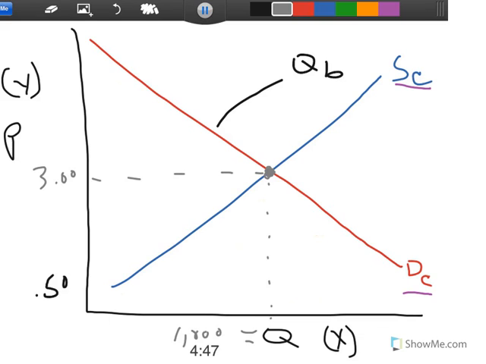Now, if we were to regraph the Q sub A, which is the quantity demanded after an increase in biofuels, we saw that at $3, our market equilibrium, we go from 1,000 to 1,250 barrels, which we can say is this point here.